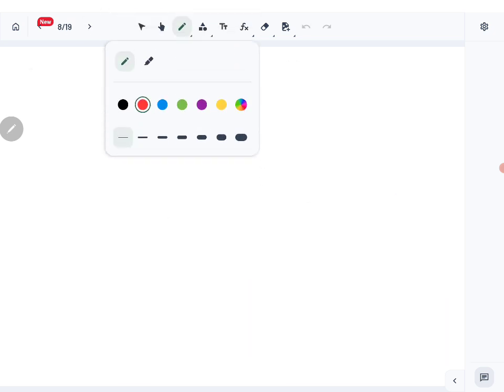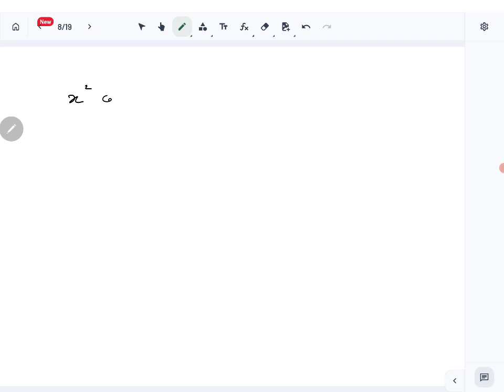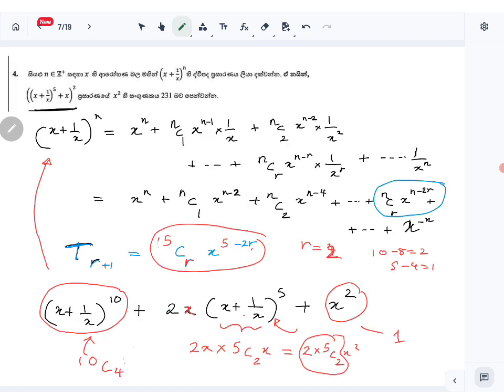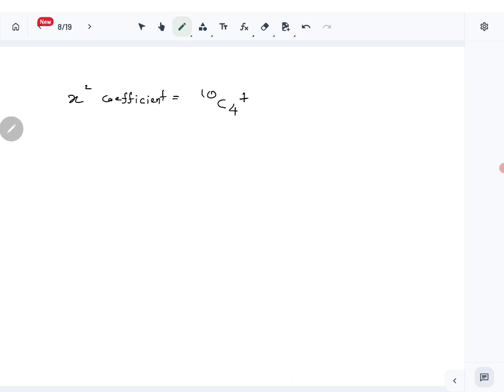So then the x squared coefficient is what? 10C4, that is from the first one. Then the second one you get 2 times 5C2, plus 1 from the last one. So then simplify: 10 factorial over 6 factorial times 4 factorial plus 2 times 5 factorial over 3 factorial times 2 factorial, plus 1.